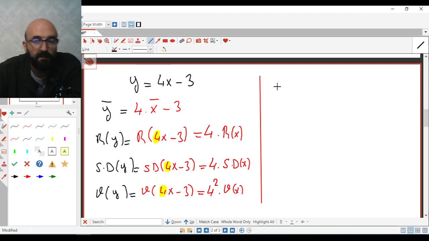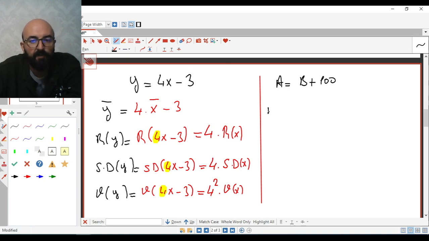For example, we have two sets of data, and the relationship between A and B is A equals B plus 100.